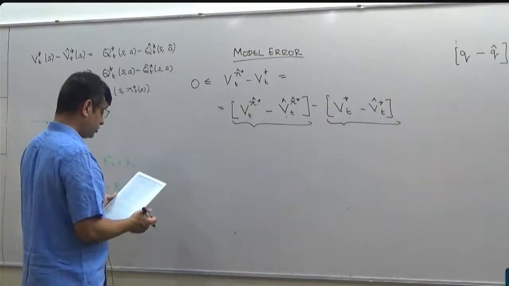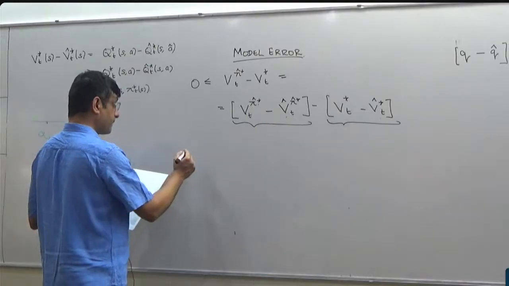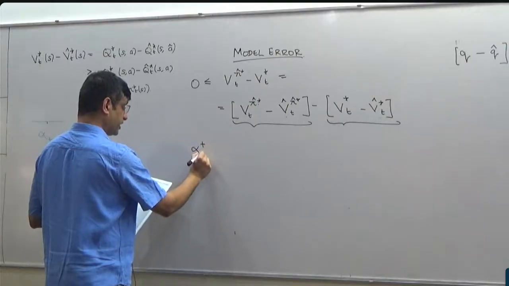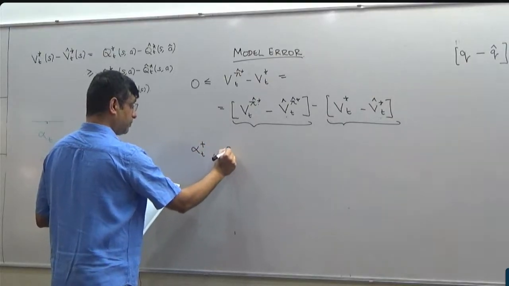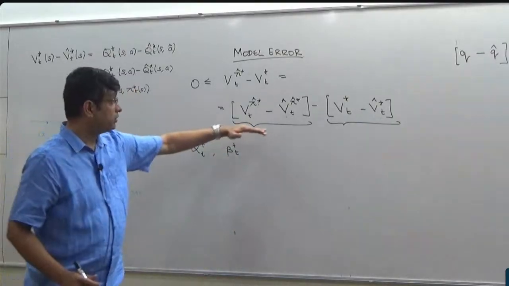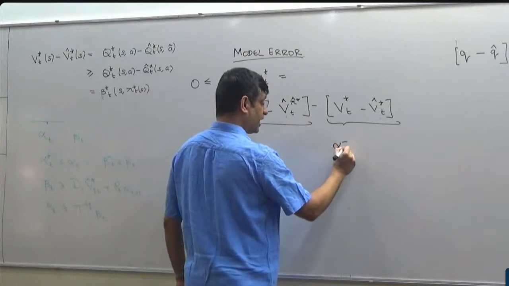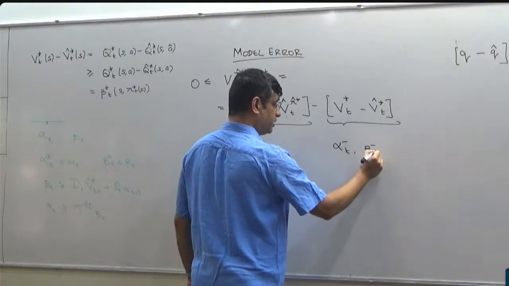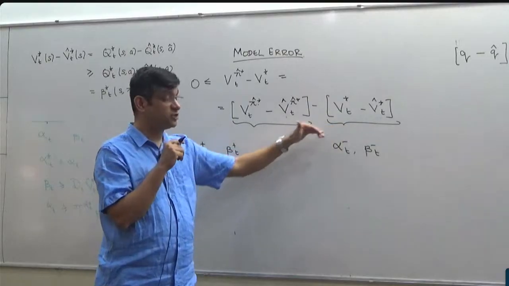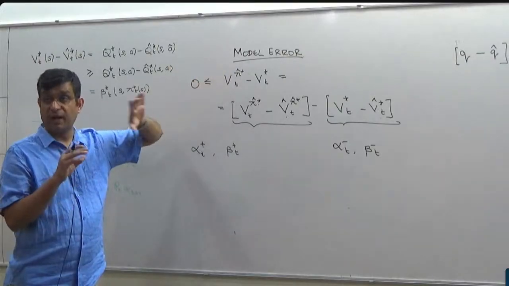I am going to compute alpha positive t and beta positive t, which are going to be upper bounds on this guy, and I am going to compute alpha negative t and beta negative t, which are going to be lower bounds on this guy. Okay. And once I subtract them, I will get an upper bound on my value error. That is my basic idea.